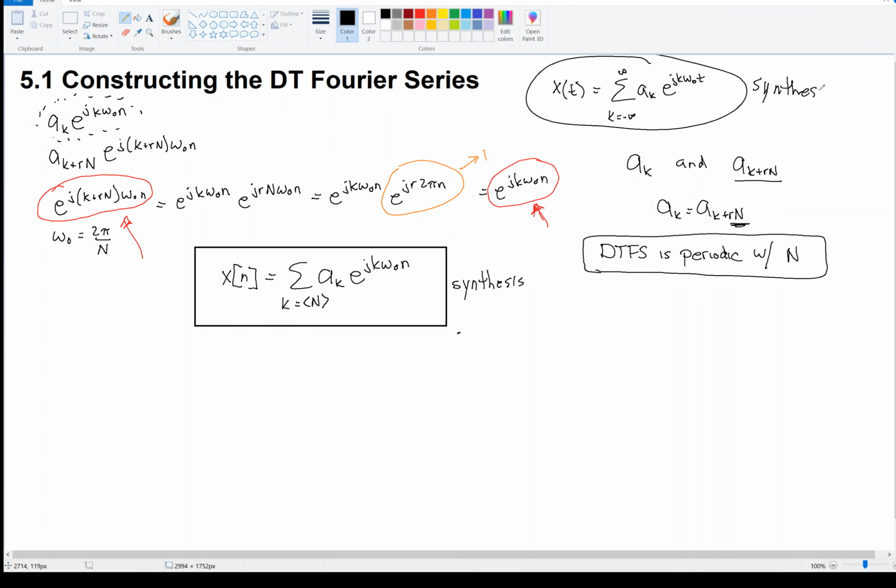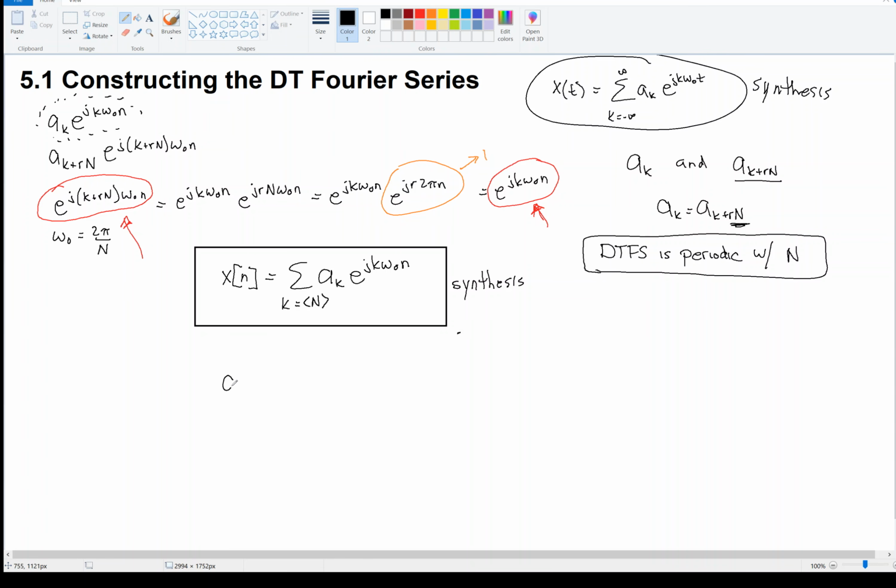So which one do we mean? Well, it'll be obvious if we're talking about discrete time or continuous time. So we call those both the synthesis equation. Give me the ingredients and I will synthesize, or I will reconstruct x[n]. Okay, synthesize means to kind of artificially build or construct.